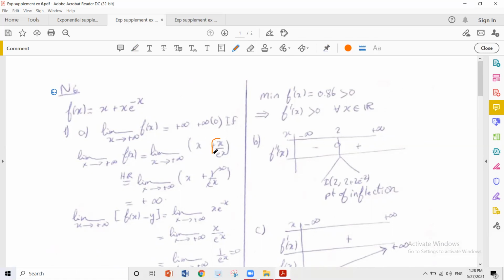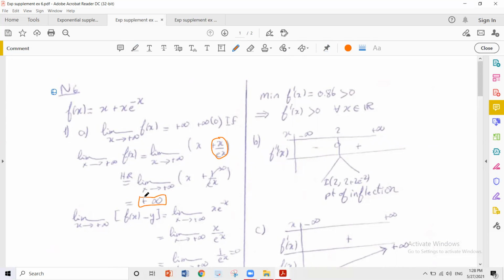Using L'Hospital's rule for this part only, it becomes 1 over e^x. 1 over infinity is 0, so we get plus infinity.